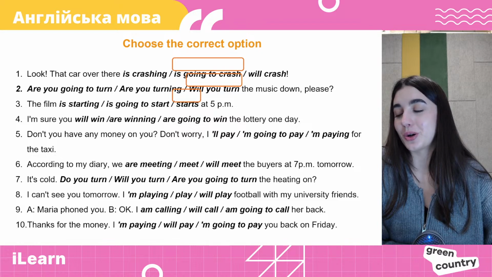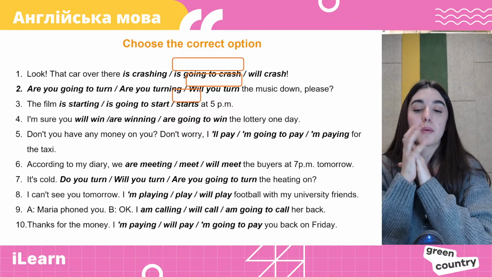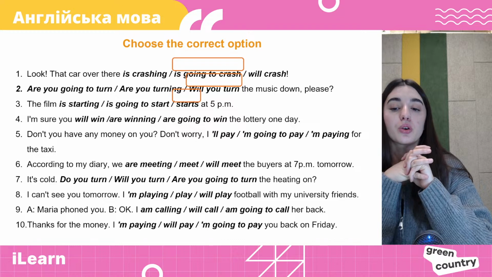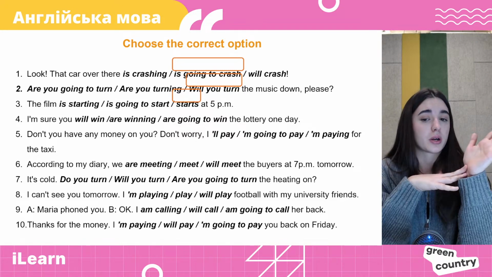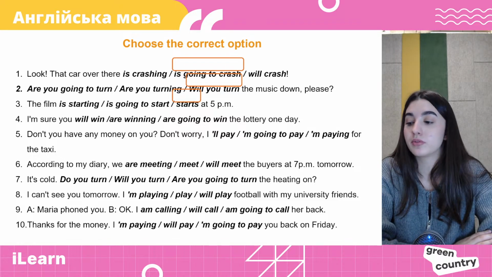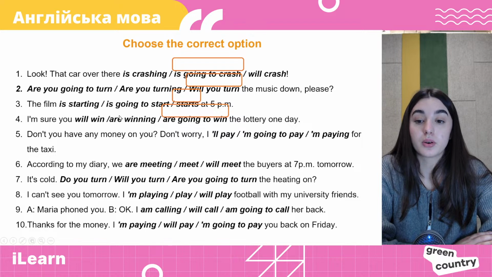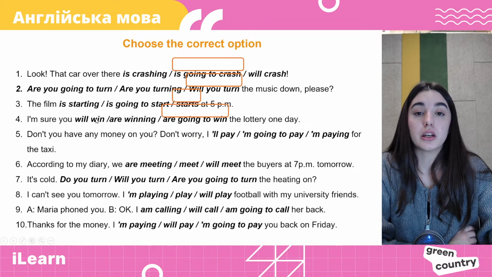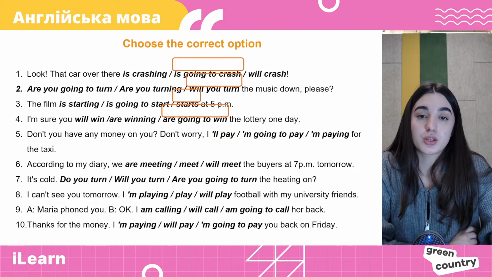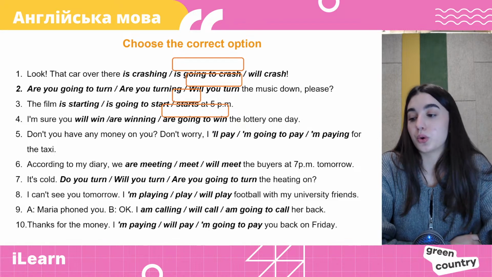Everybody is writing are going to. But are going to is when we use it to talk about predictions based on what we see or about our plans. But here we can't say it's our plan or it's our prediction on what we see. Here we have will win. I don't know what happened, but it should be will win, because here we have a prediction based on what we think, not on what we see or what we hear.